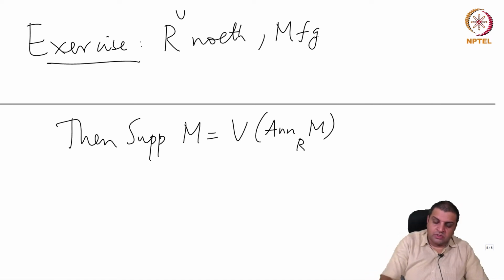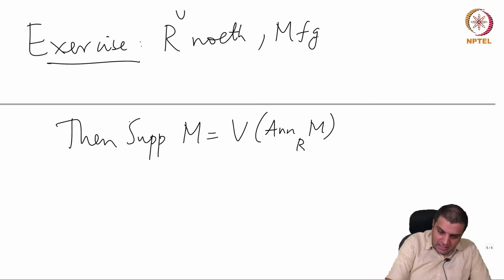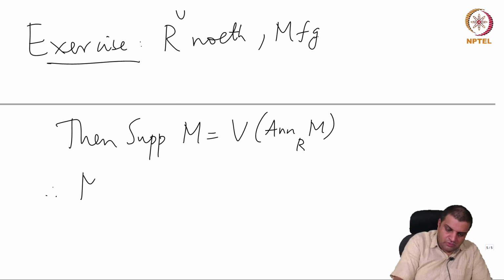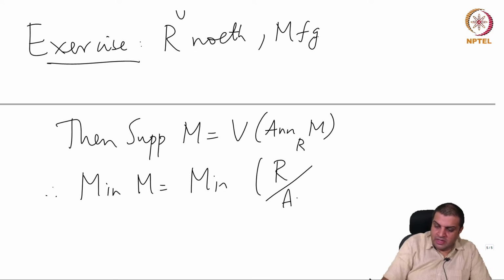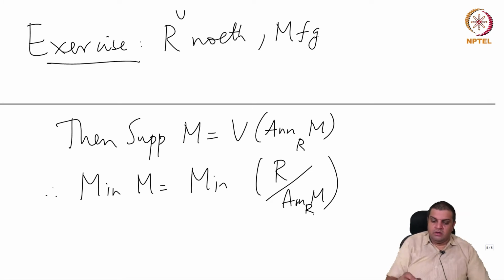So therefore, in conclusion, min M is the minimal elements, in this context of R Noetherian and M finitely generated, of R mod the annihilator of M. Support of M is V of this, and its minimal elements are precisely the minimal elements of the spec of this ring.